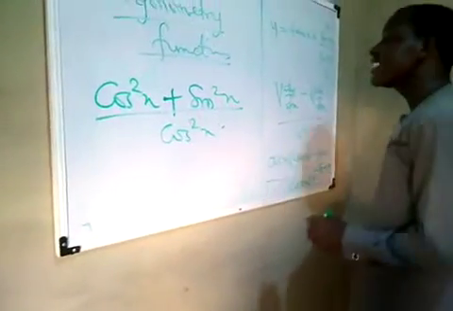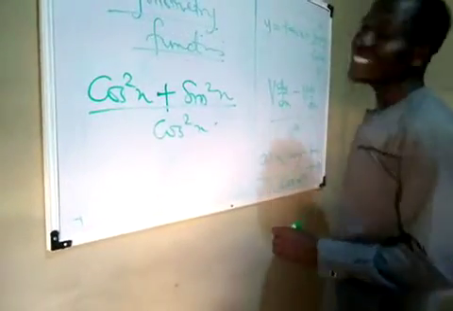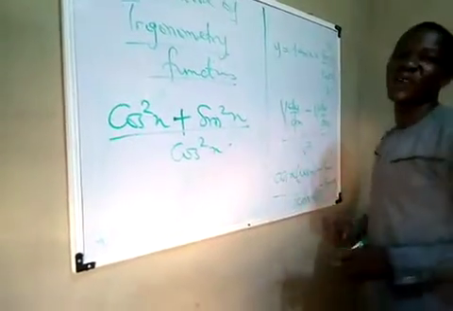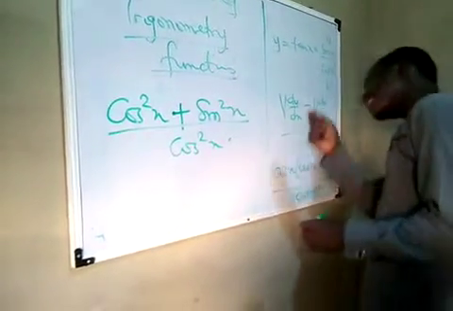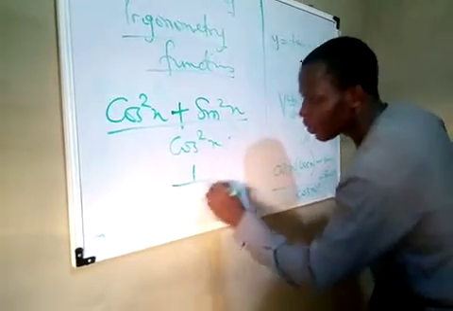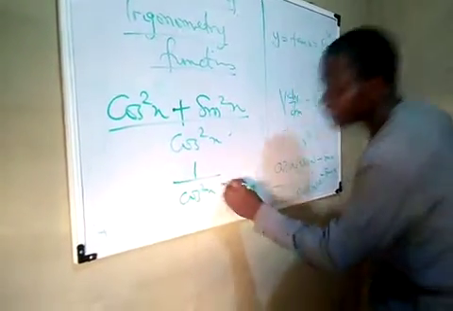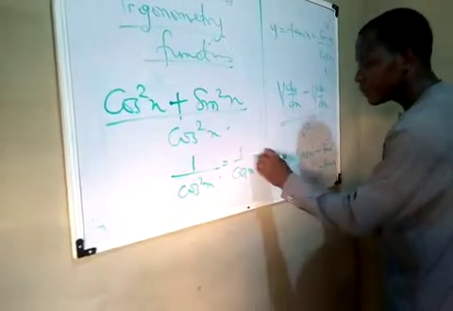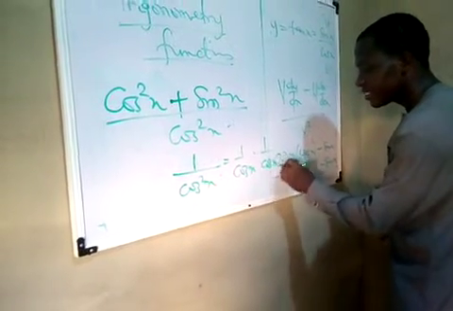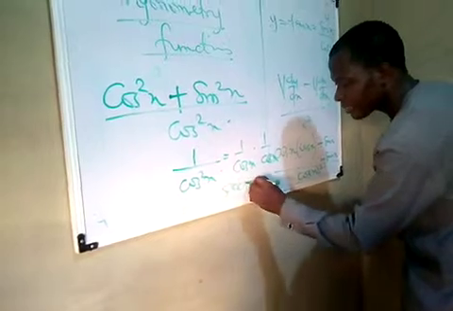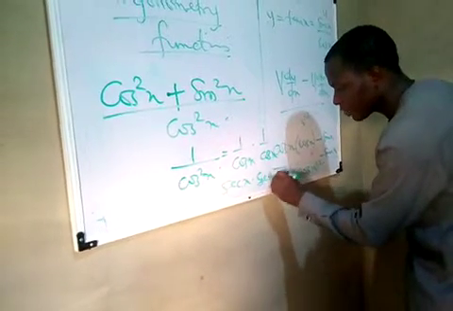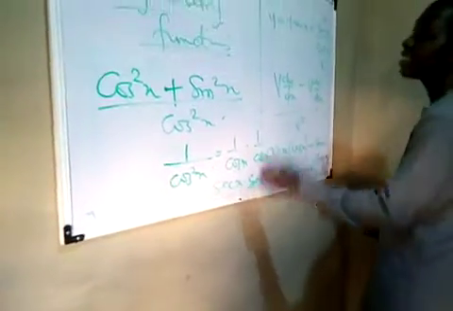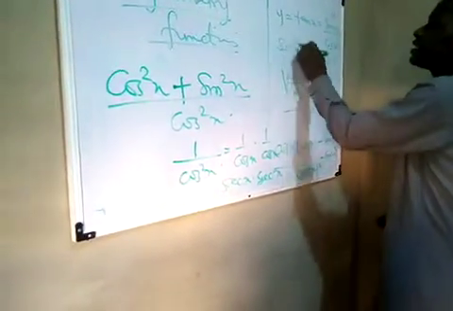There is a trigonometric identity that says that sine squared x plus cos squared x equals 1. So cos squared x plus sine squared x equals 1 over cos squared x. Another way to write this is 1 over cos x times 1 over cos x. 1 over cos x will give us sec x. Another 1 over cos x will give us sec x. So that will give us sec squared x.